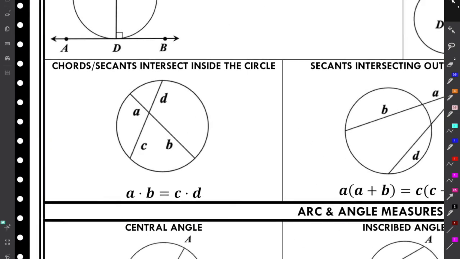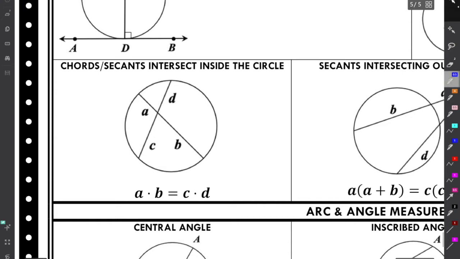Whenever this happens, all you have to do is take the two parts of one chord and multiply them together. They will be equal to the multiplication of the other two parts. So you see A times B is equal to C times D. Okay, so that's how we'll solve this one.